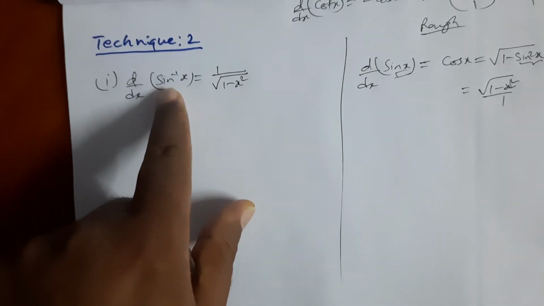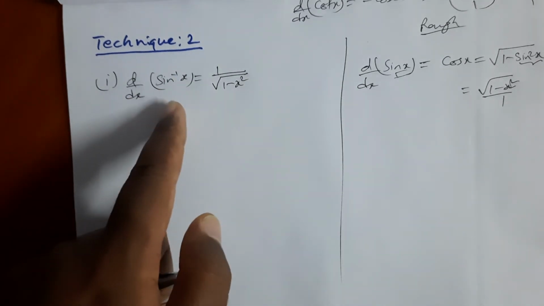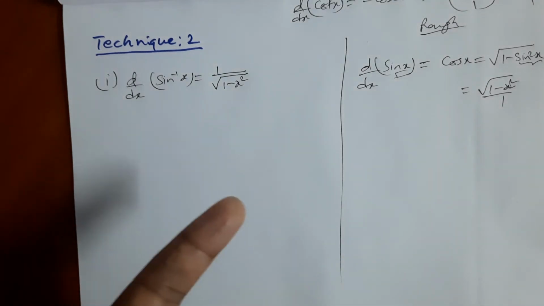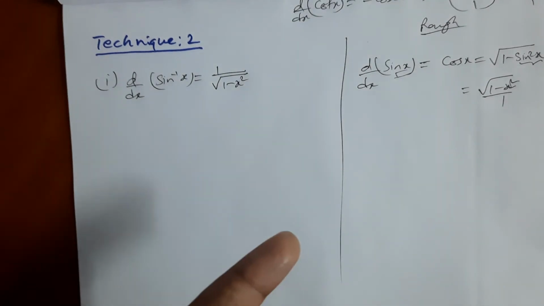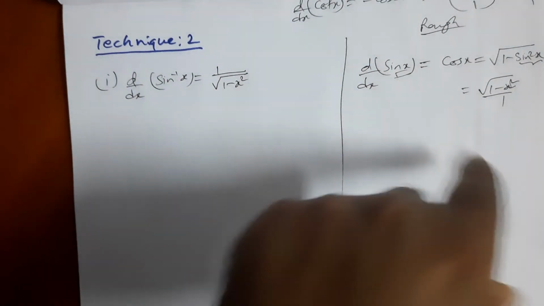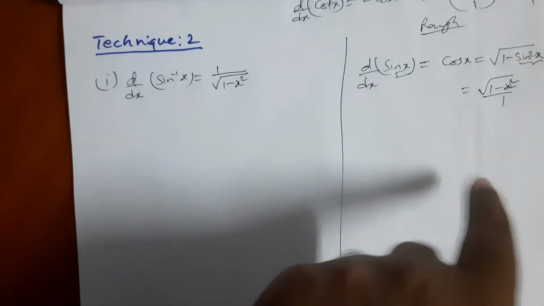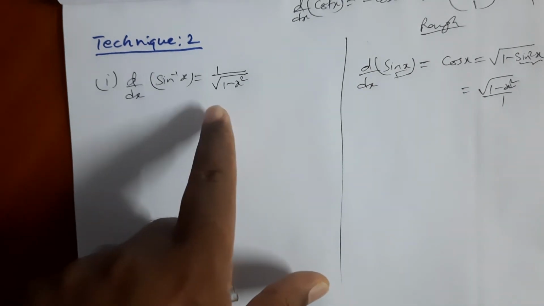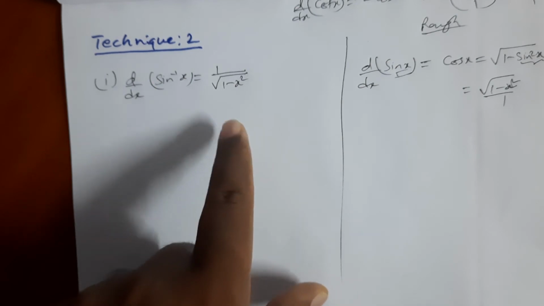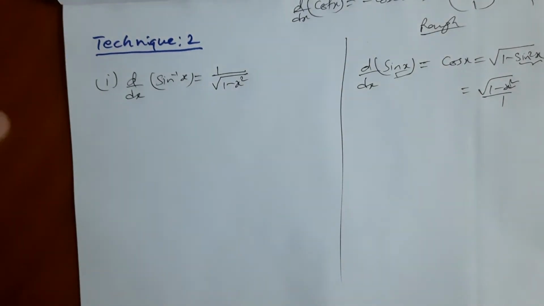You can mentally calculate that the derivative of sine x is cos x, cos x means root over 1 minus sine square x, which becomes 1 minus x square, and its reciprocal is 1 over root over 1 minus x square. If we practice like this, we can tell the formula directly within 2 seconds.